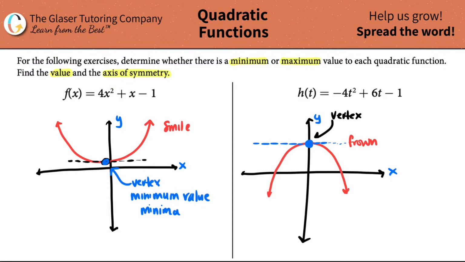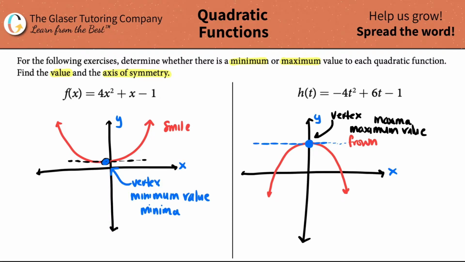On the frowny graph of our quadratic, I have a high point, right? This vertex is the highest point on the y-axis that I can go. So I have a maximum value, and this is called a maxima. So you could hear your teacher say both of them.